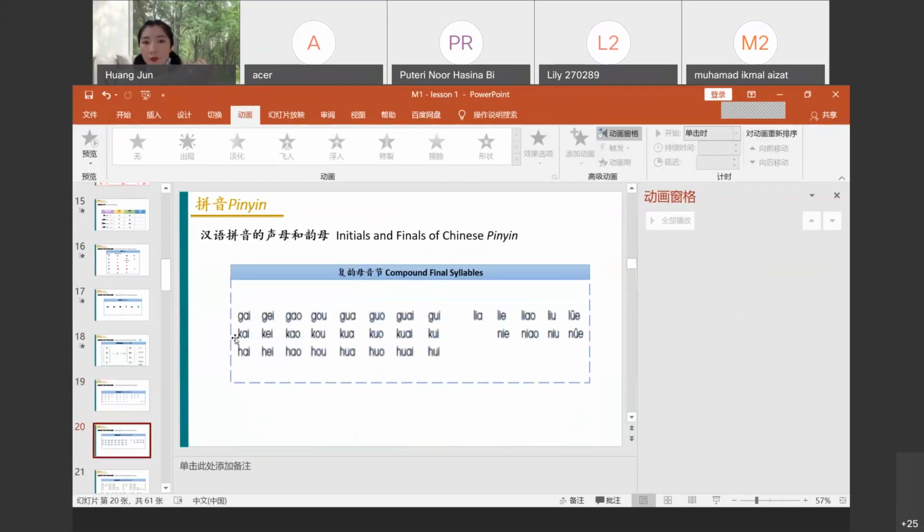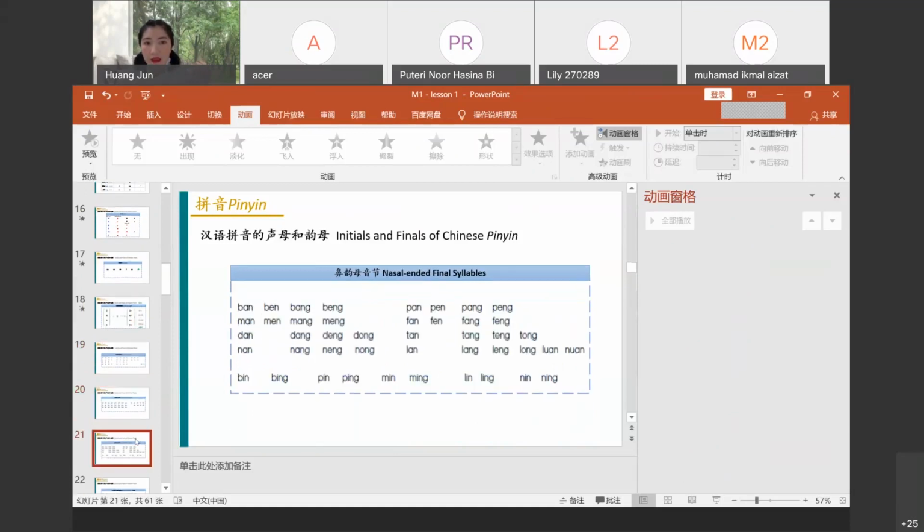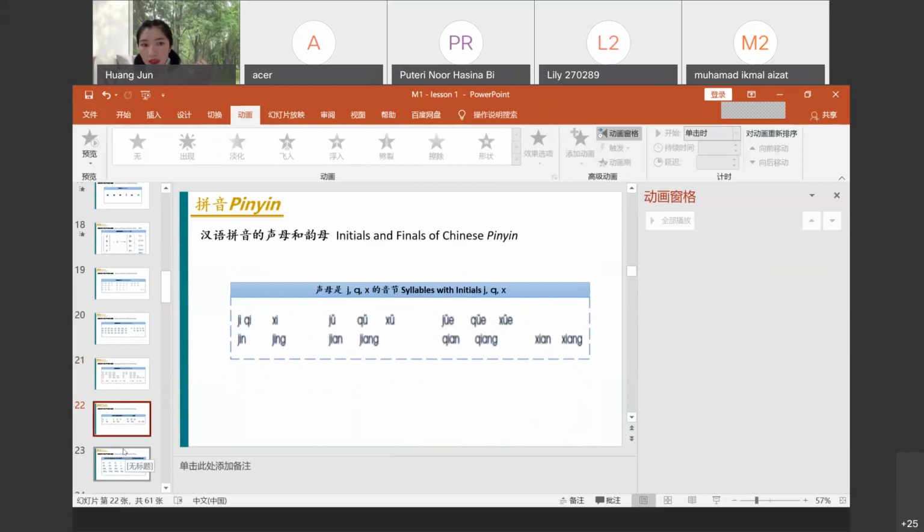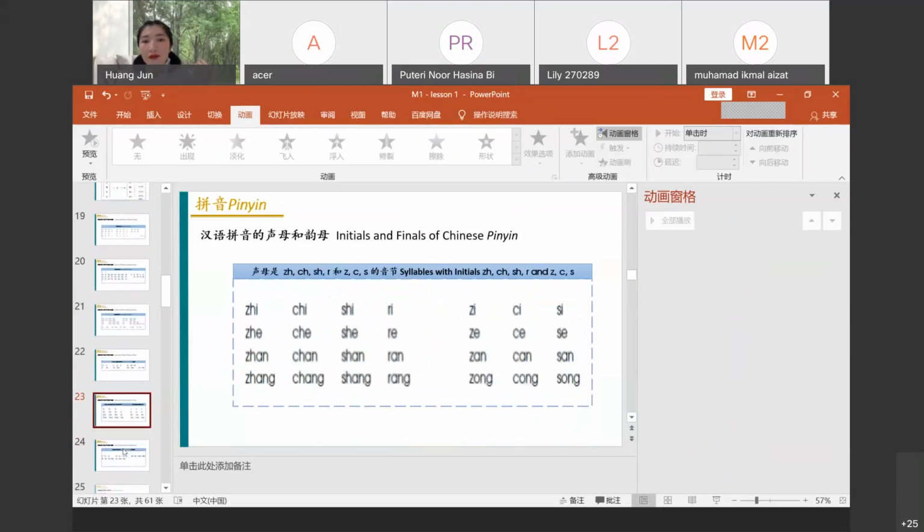Then for compound finals like gai, gei, gao, gou, all the words here, we also have MP3 for them. And this one, like man, men, mang, meng, each word. So please make sure you have listened to the MP3 and try to repeat after them.